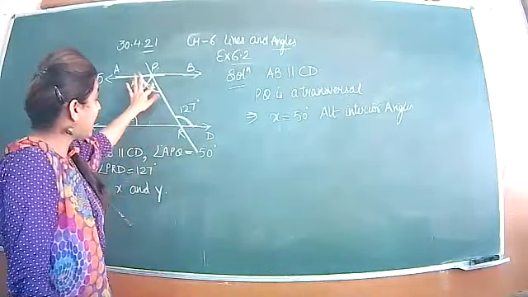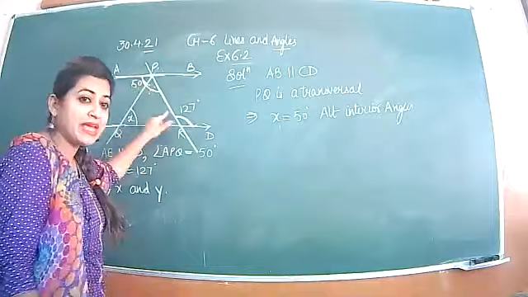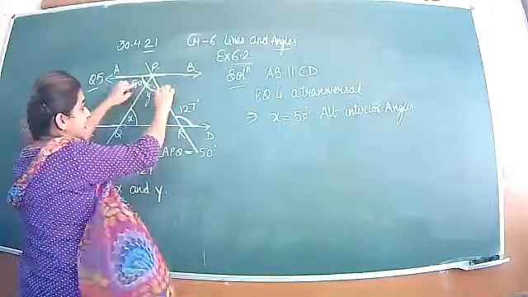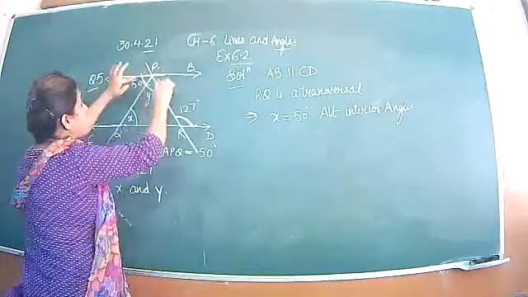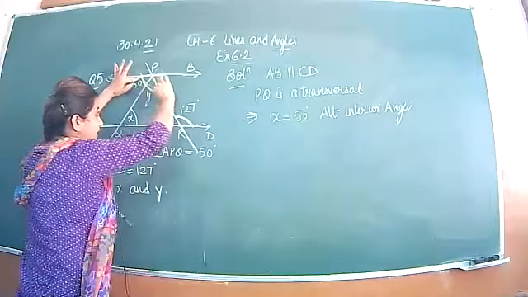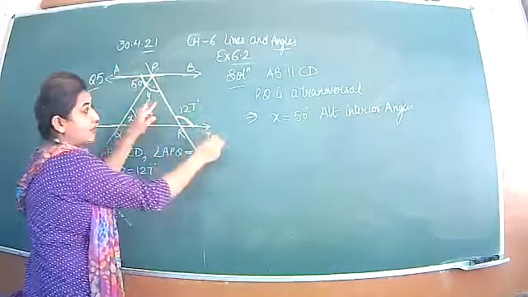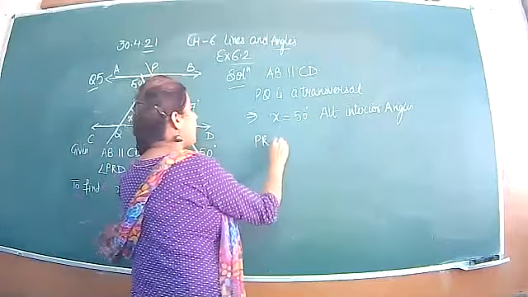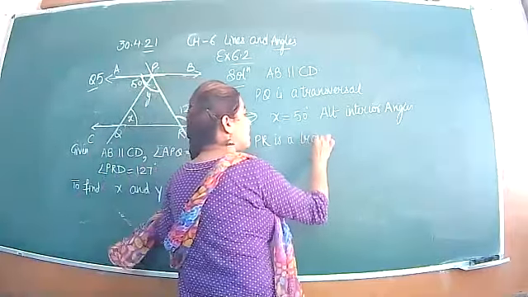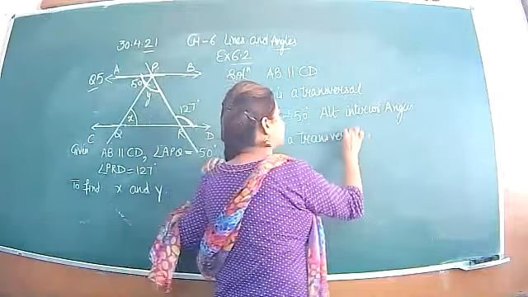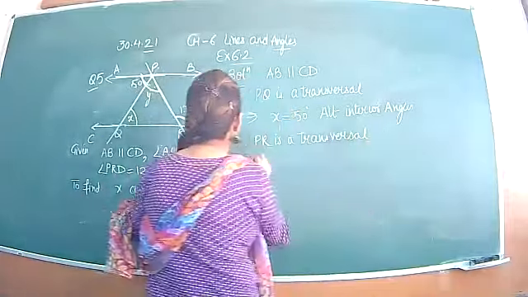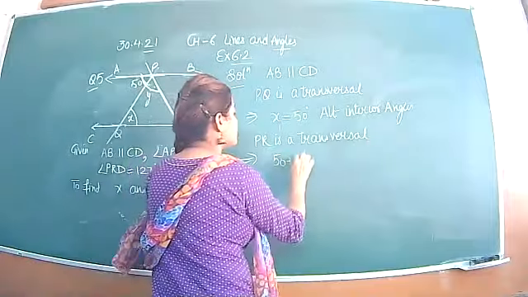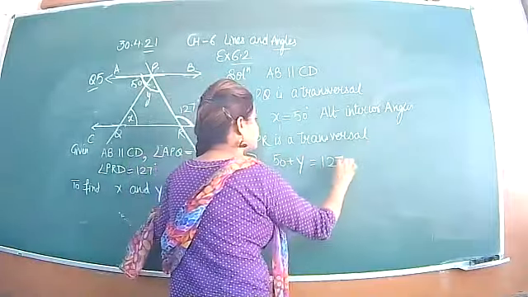In case you have any confusion about this, make sure that the angle that is touching the parallel line as well as the transversal, that complete will be equal to this angle. So in the same manner, you can say PR is a transversal, parallel lines are same, but the transversals are changing. This implies 50 plus y is equal to 127.